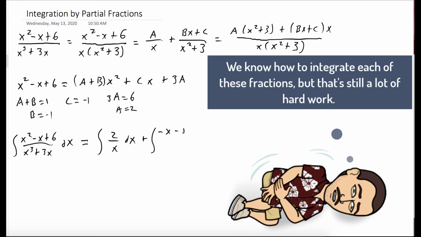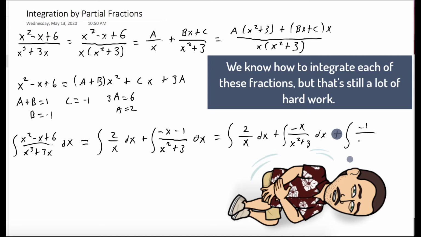We got those values from solving for a, b, and c. And we'll see that it's best if we break up that second integral. So we'll have 3 different integrals we need to evaluate in order to get the integral we wanted to evaluate.